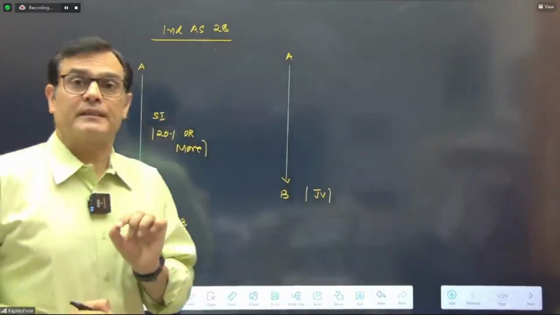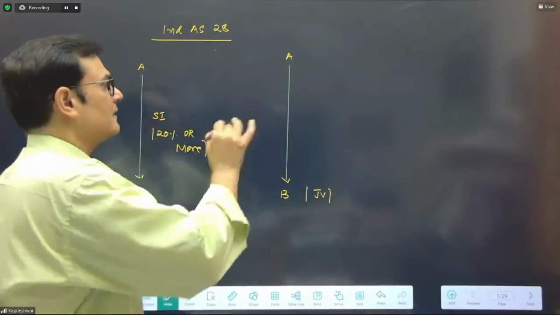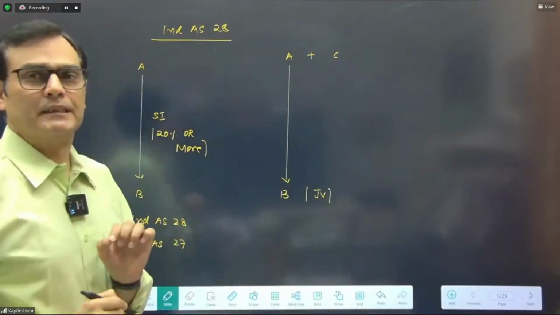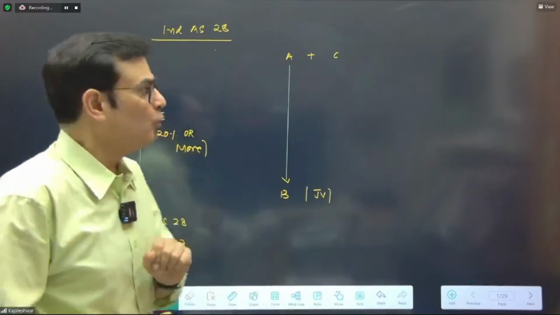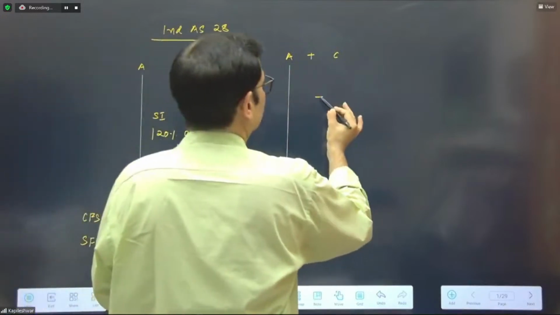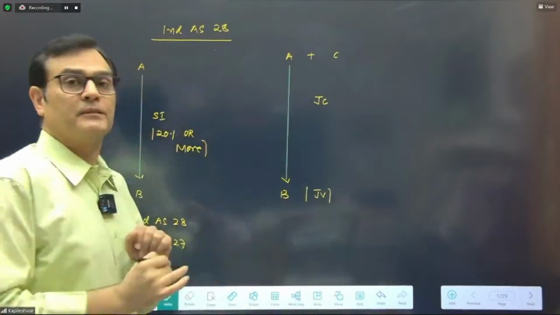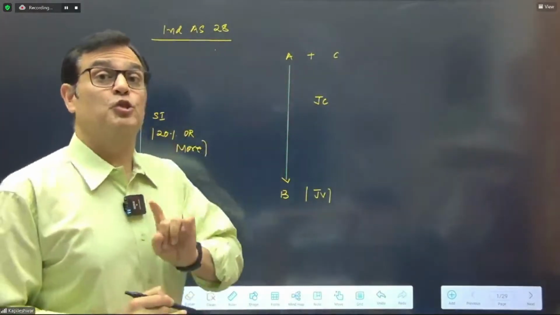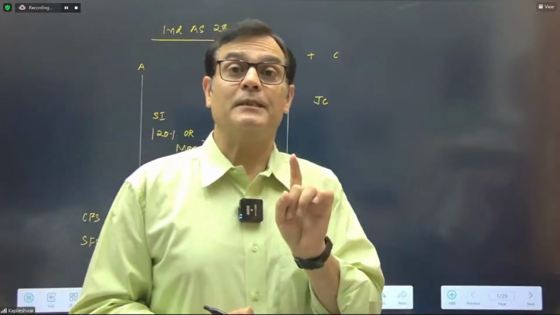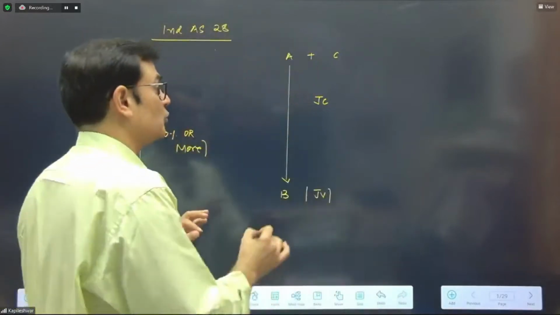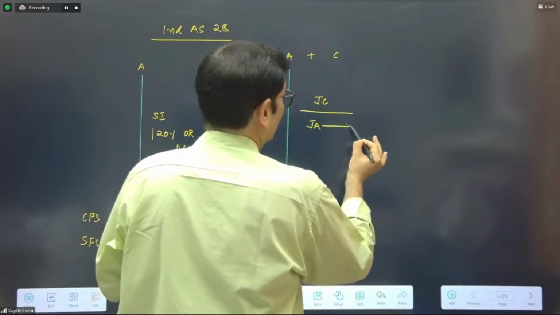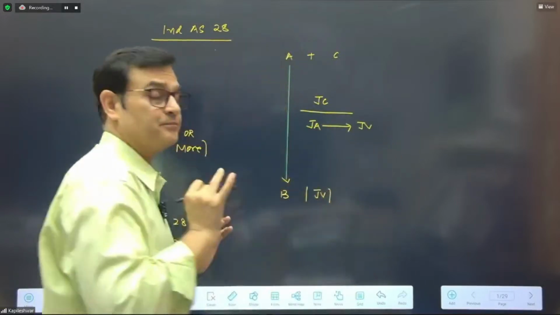So now in this particular case, let's say A plus C. There are two parties who have got a joint control over the company B. So A and C are two parties who've got a joint control over the entity B. And this joint control resulted in a joint arrangement, but this joint arrangement became a JV.